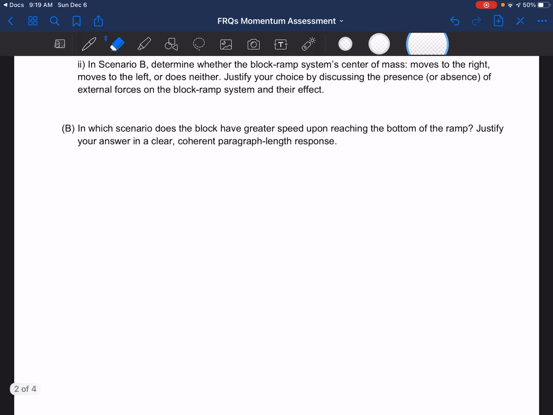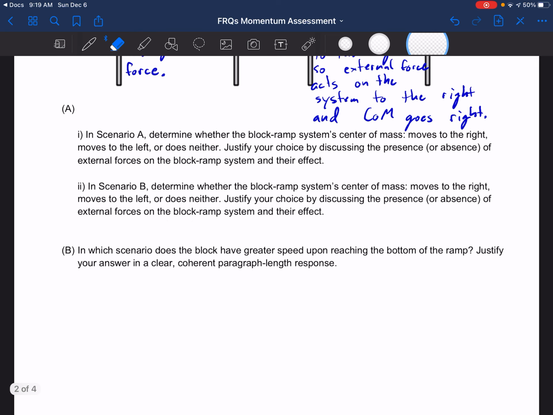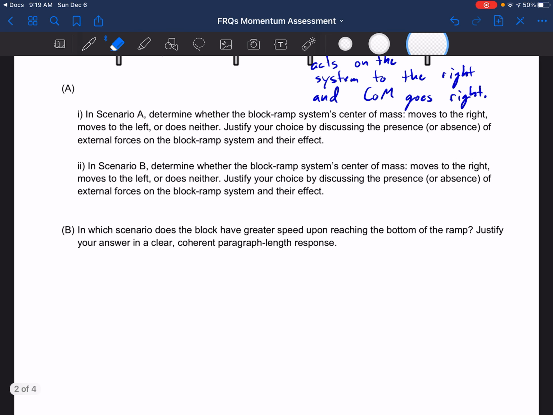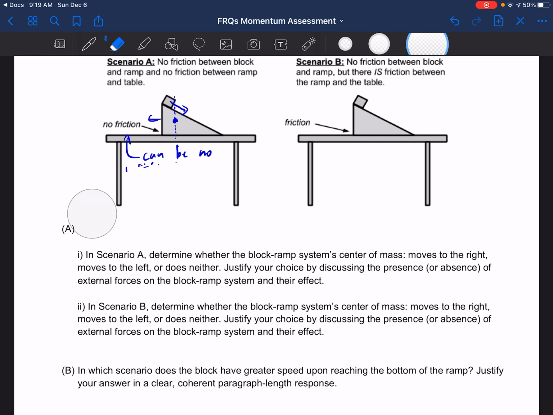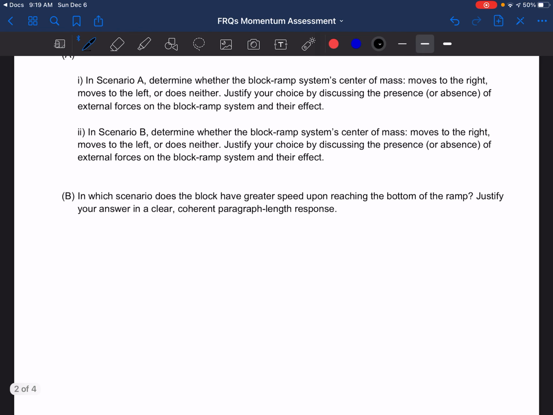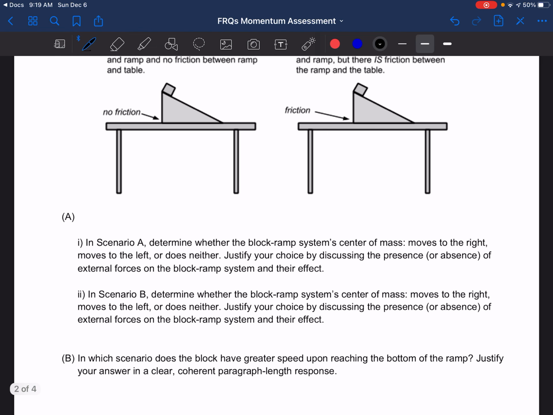Okay, so for part B, which scenario does the block have greater speed upon reaching the bottom of the ramp? So this is asking, in which scenario is the block going to be going faster when it gets down to this point here? Well, there's a few key things that I was looking for here.